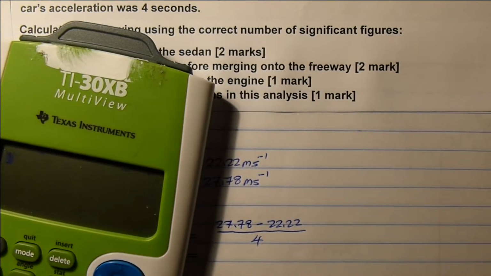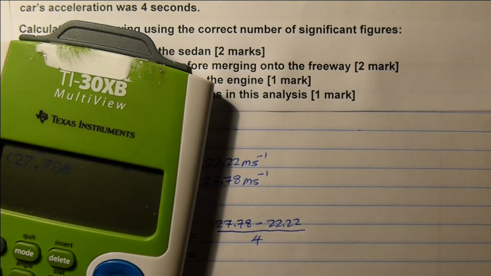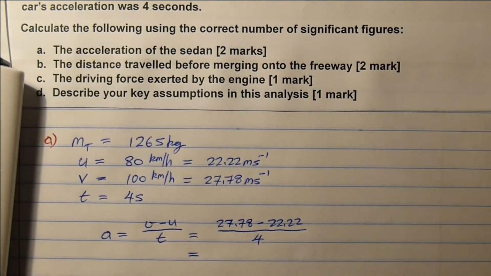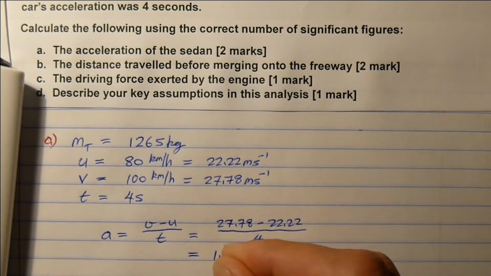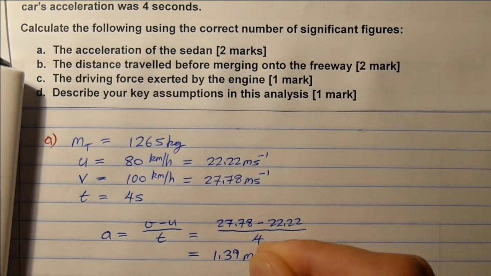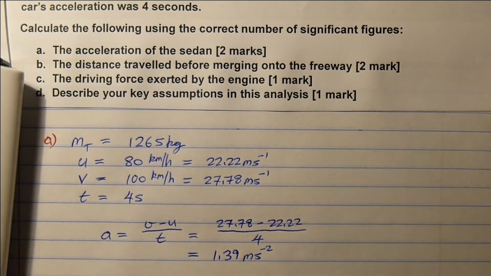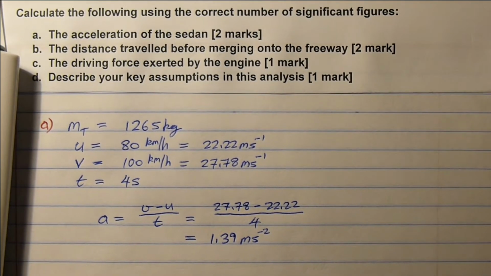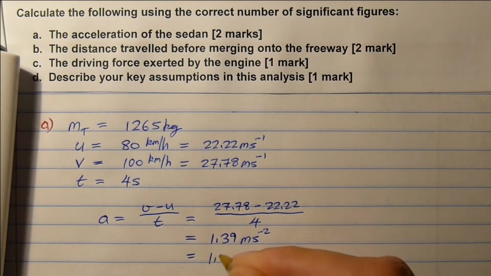Okay, 27.78 minus 22.22, 1.39. Now, the unit here, meters per second squared for acceleration, and I would consider for significant figures, I'll take that to 2.